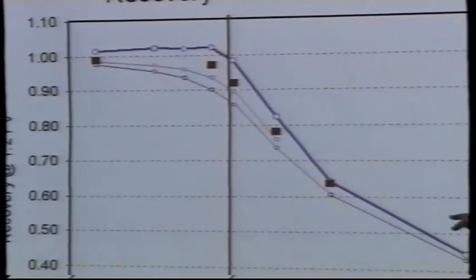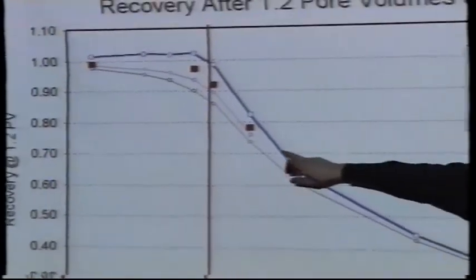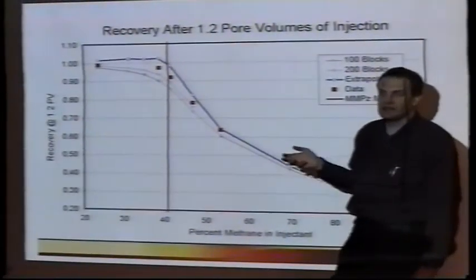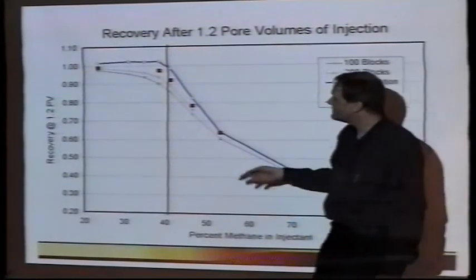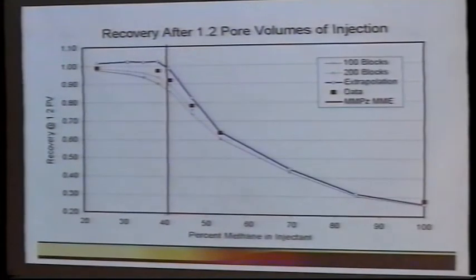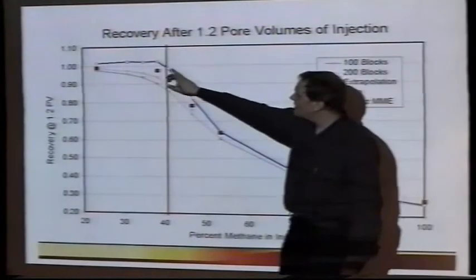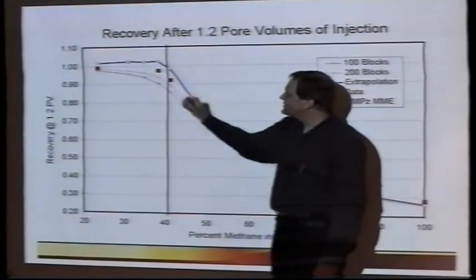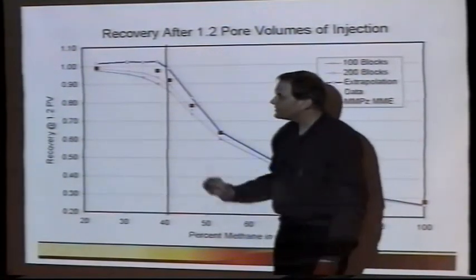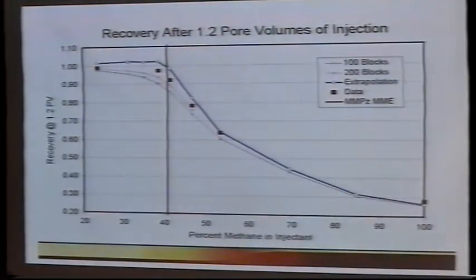And again, the red squares are data. The thick blue curve is the extrapolated slim tube simulation results, and the single red line is the prediction made by MMPz. And you can see that the MMPz prediction is right in line with the slim tube predictions, and that those are in line with the data. So the equation of state is verified, and the MMPz algorithm is verified.